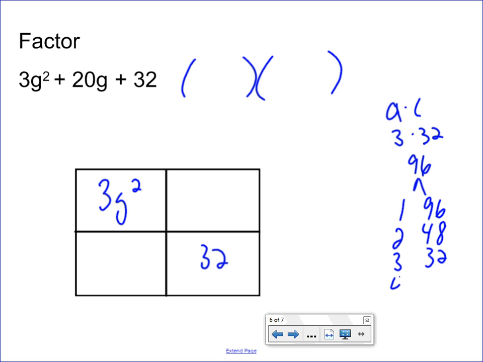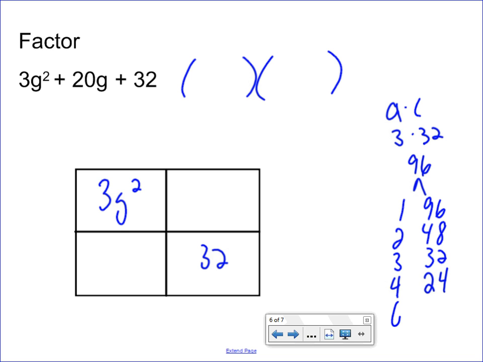4 goes in there. Let me think on that one. 4 goes in there 24 times. If I go 5, no, 6, no, 7, no, 8. What else goes in there? 96 divided by a 6.